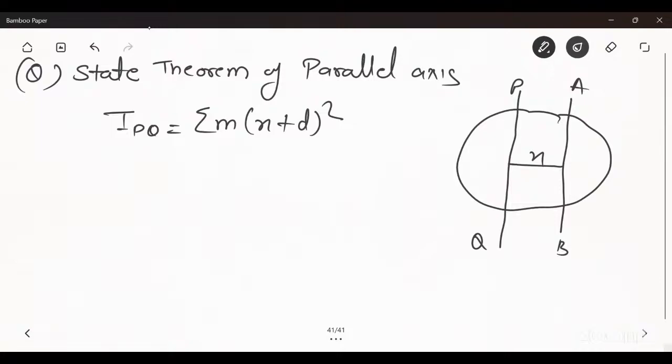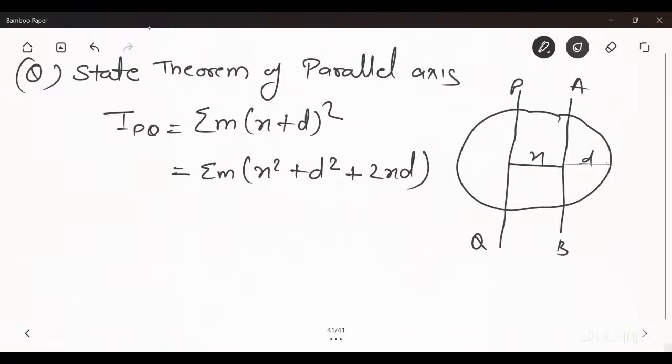And what is the d here? d will be the perpendicular distance from its axis. Okay. So m(x plus d) whole square, equal to sigma m. If you open it, x square plus d square plus 2xd.